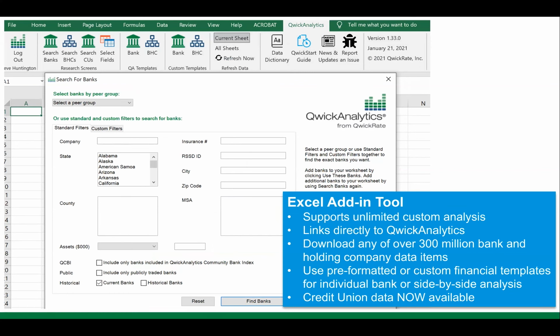You can log in independently of being in QwickAnalytics, but as Steve mentioned, you could do bank comparisons of NIM here. You can replicate any spreadsheets you might be doing currently. So you really have access to all of the information in QwickAnalytics and have the ability to import that, including your peer groups, right into your own Excel spreadsheet.